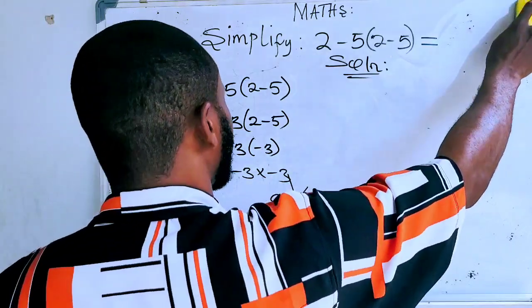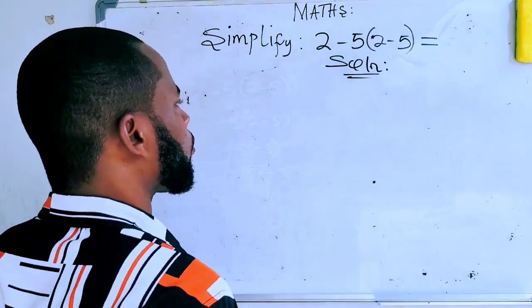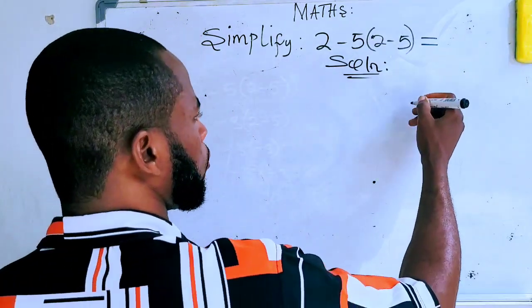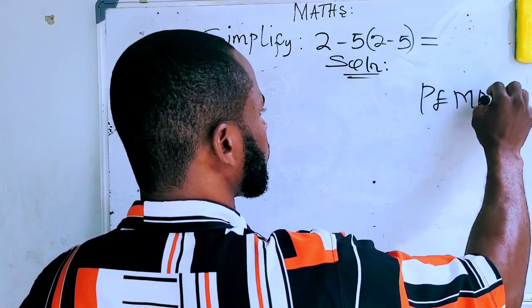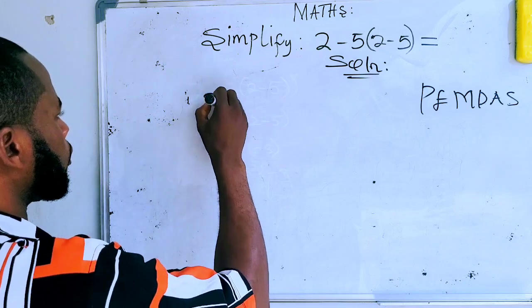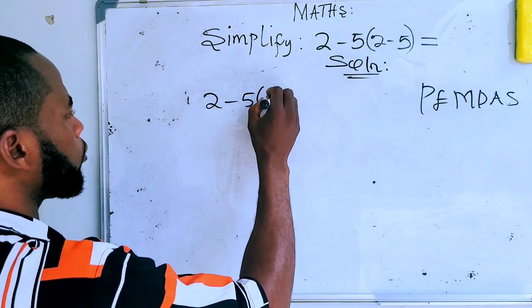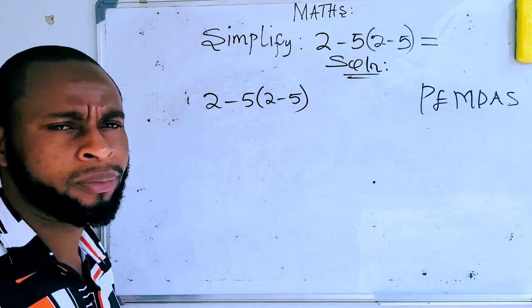Now, to solve this correctly, we are going to apply what we call PEMDAS. I come down with the question again: 2 minus 5 into 2 minus 5.